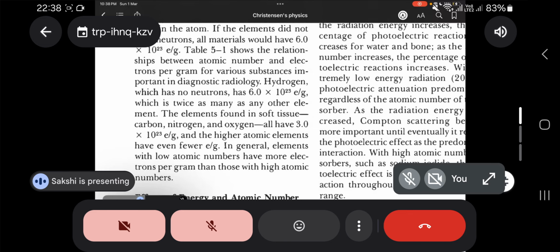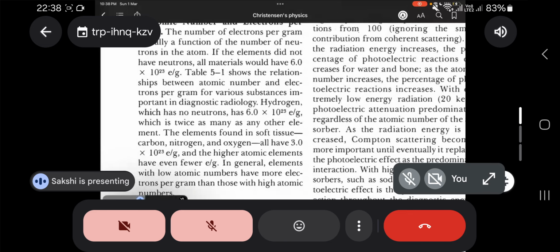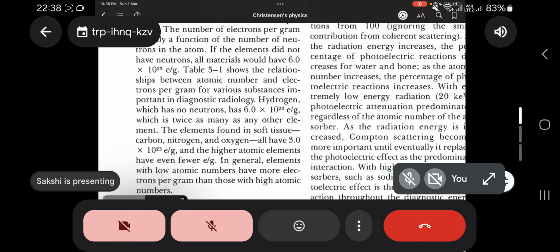And one more question you write down. Why do elements with low atomic number have more electrons per gram than those with high atomic numbers?